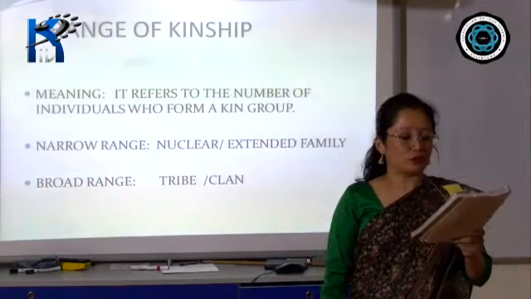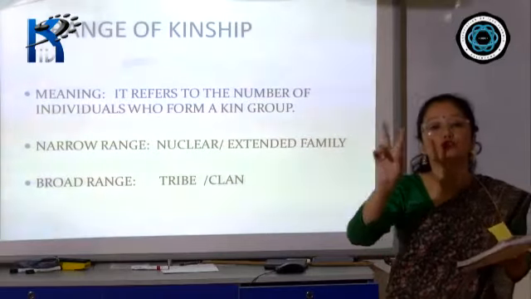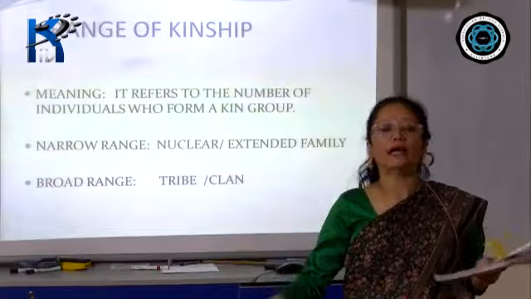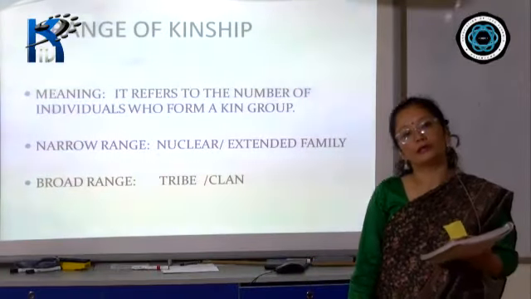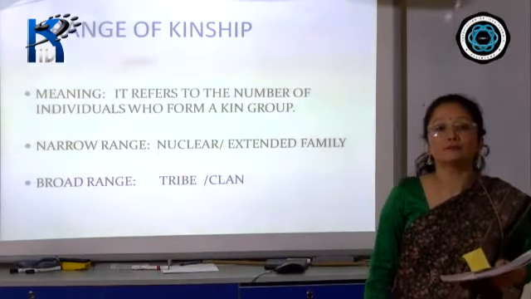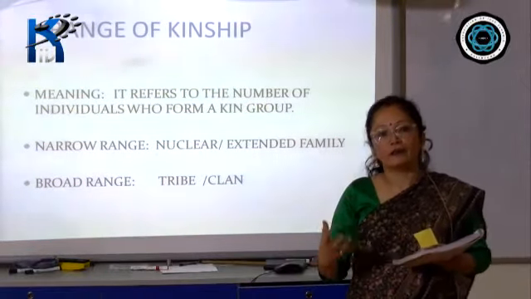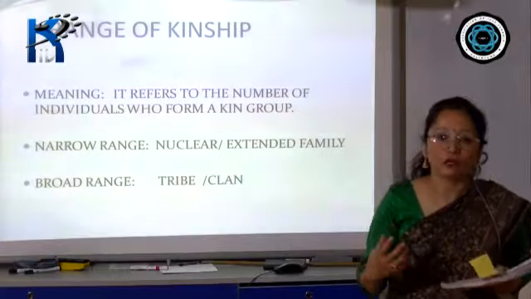Then in that particular case, we have two ranges of kinship. One is the broad range and the other one is the narrow range. And with terms like broad and narrow, you might have already figured out the size of the group.